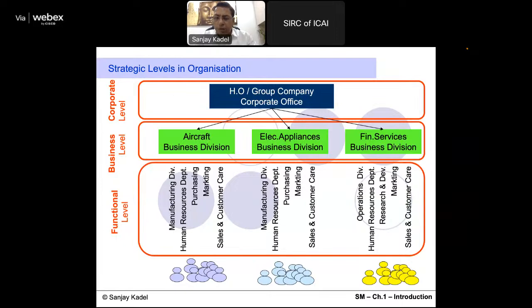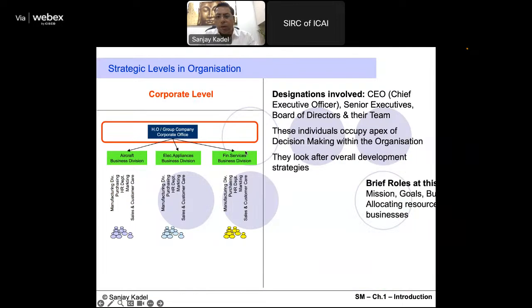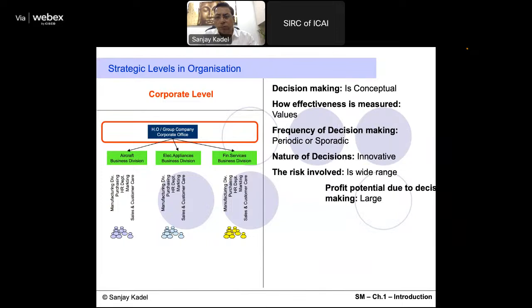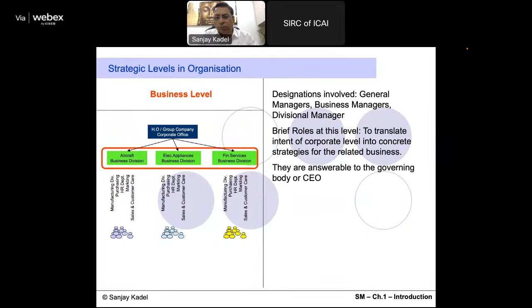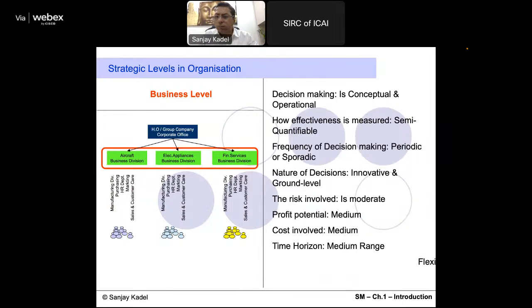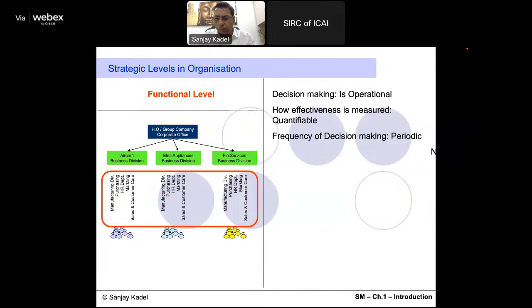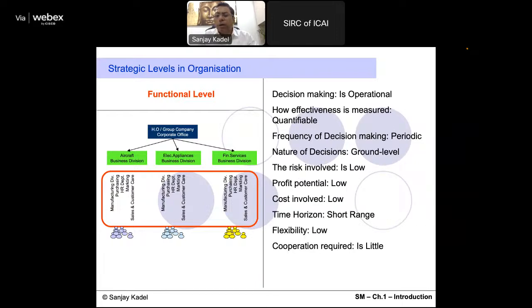So that is the reason these three levels are being analyzed. If you observe, all the three levels have different characteristics. Okay, so this is about the strategic levels in an organization.